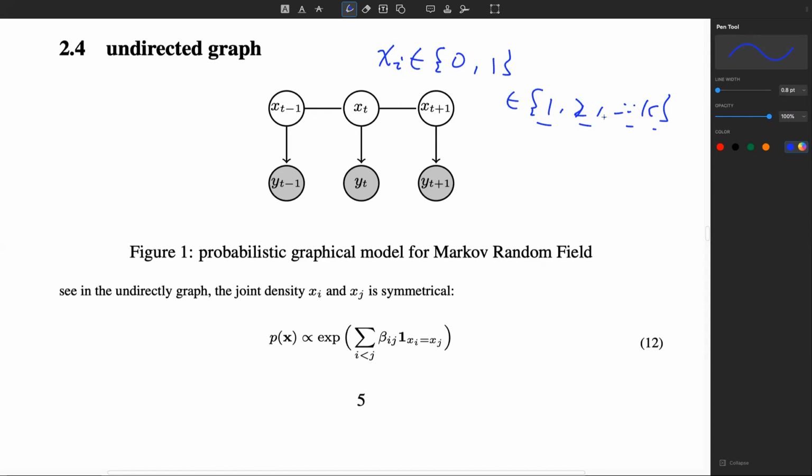So can anyone tell me, from looking at this particular graphical model, which ones are the observations, the x or y? Y, right? And the x, in terms of segmentation, what do they represent? If you are performing an image segmentation and your x's belong to 1, 2, 3, 4, all the way to k, what do you think they represent? Think about an image segmentation.